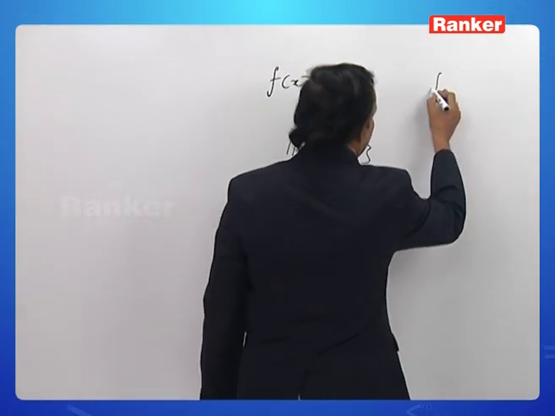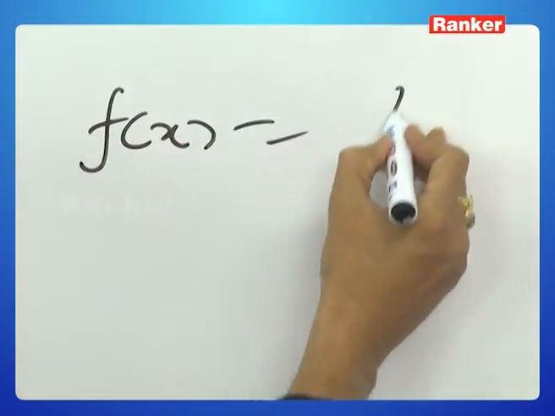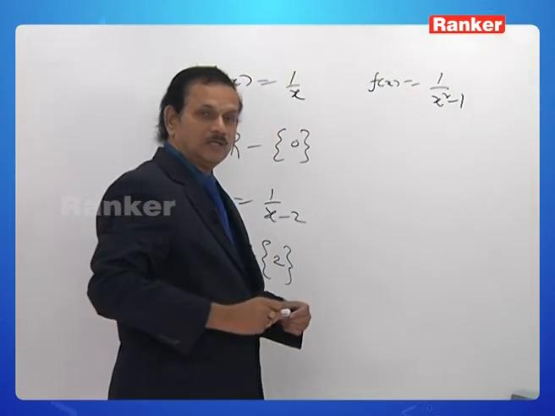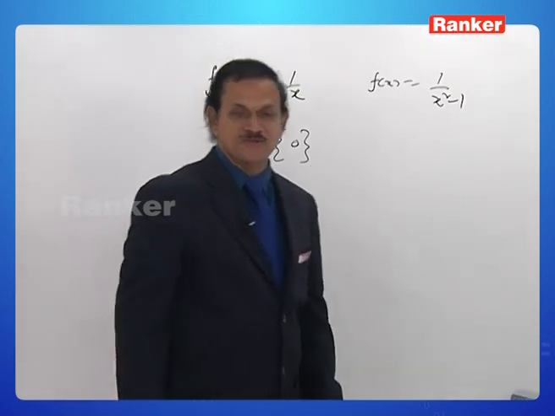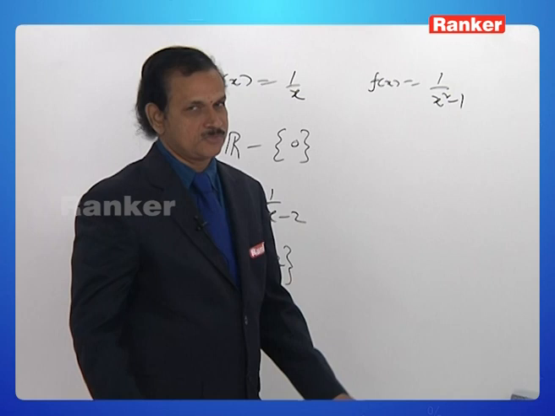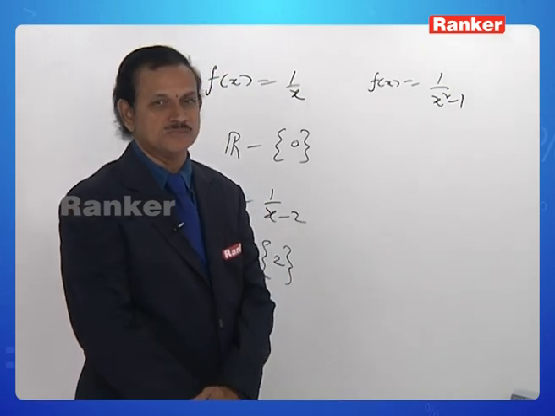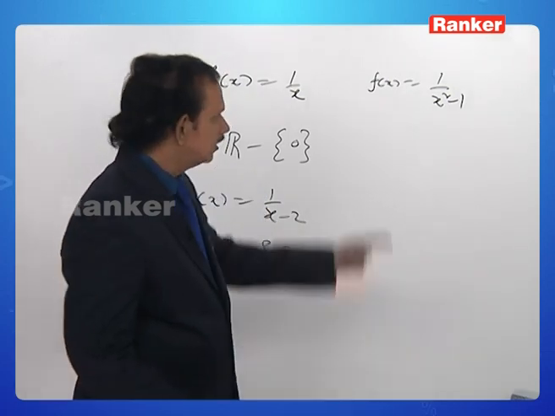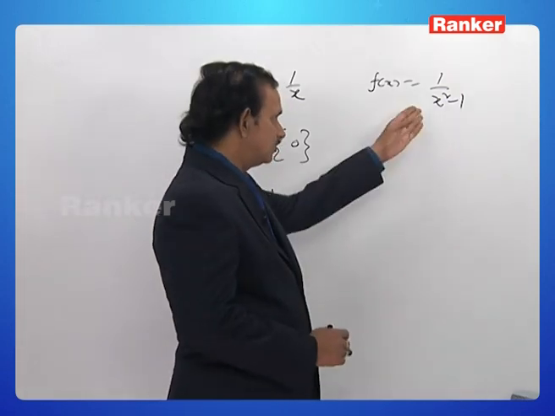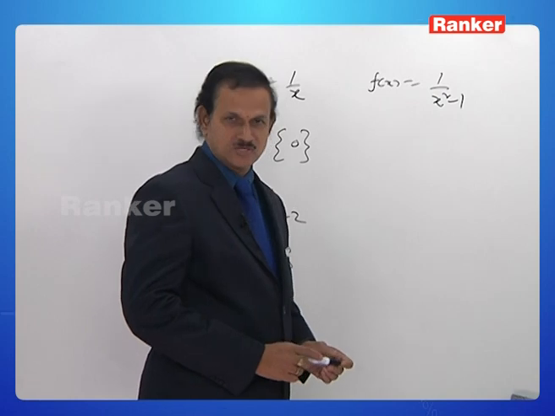Similarly, if f(x) = 1/(x² - 1), to have the domain of this function, as in the previous cases, we are supposed to remove some real numbers which trouble us in finding f(x). It's very easy. For that purpose, imagine when x² - 1 becomes 0.